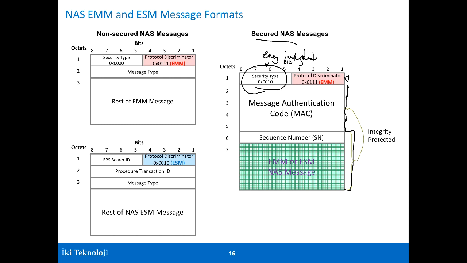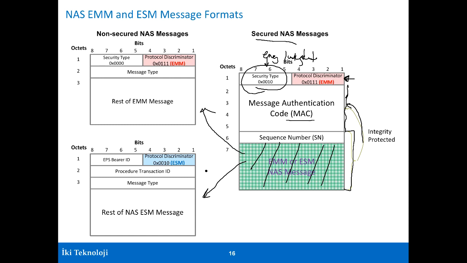And then the message over here can either be an EMM message or an ESM message. So if you want to send an encrypted ESM message, you will first put an outer header which says that this is an EMM message, but then say it's encrypted, integrity protected.